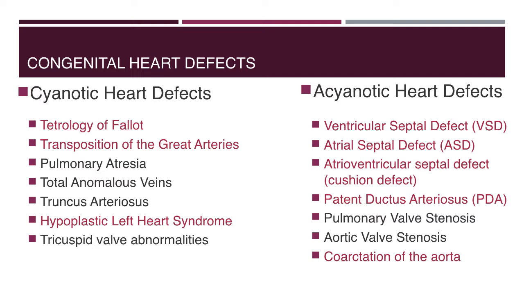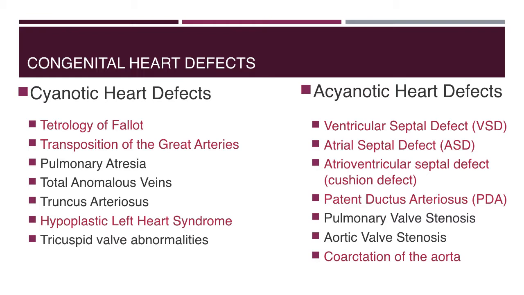Acyanotic heart defects do get improvement with supplemental oxygen, and so we do give them more oxygen. These include ventricular septal defects, atrial septal defects, atrioventricular septal defects, which are known as Cushing defects, patent ductus arteriosus, and coarctation of the aorta.